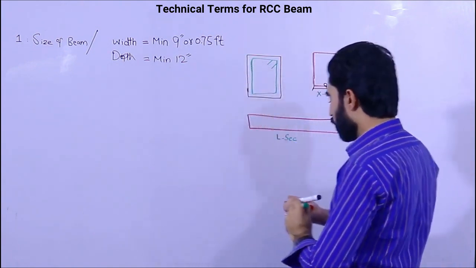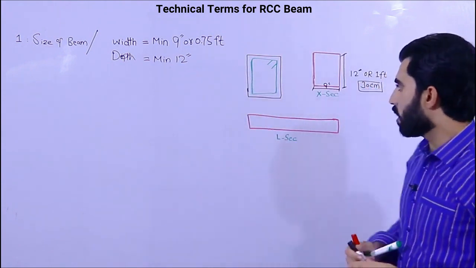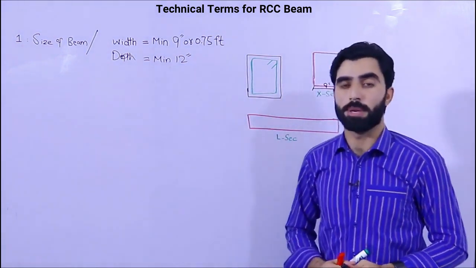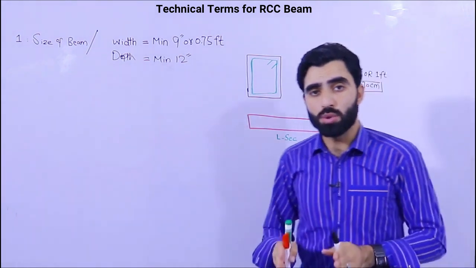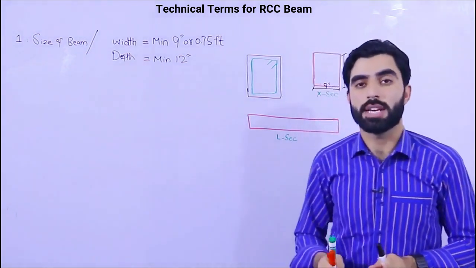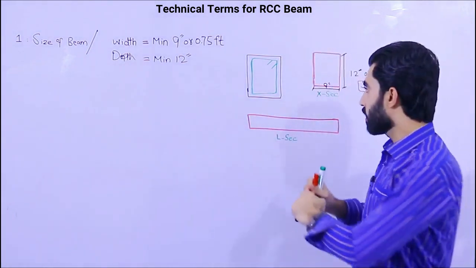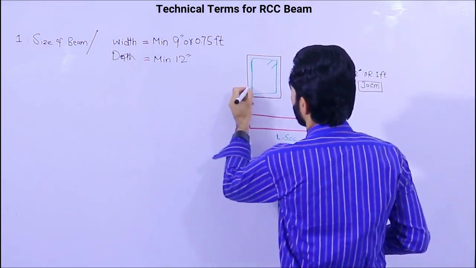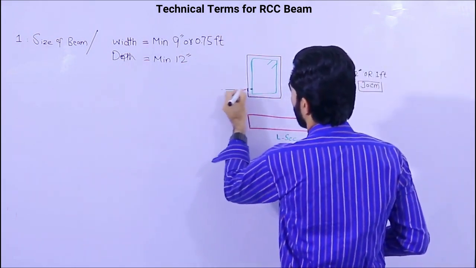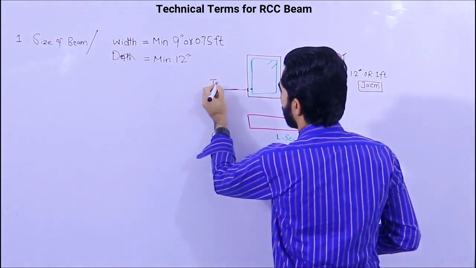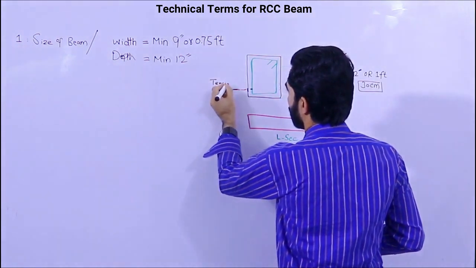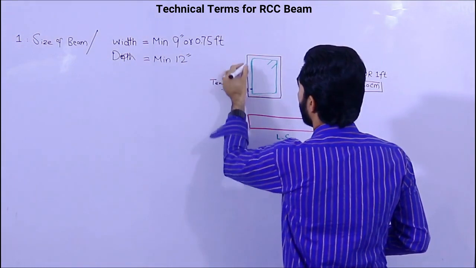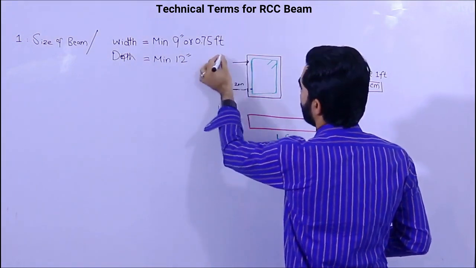For plinth beam or top beam, try to use the maximum steel rods at the bottom, because this is the bottom section. This is the tension zone, and the top is the compression zone.